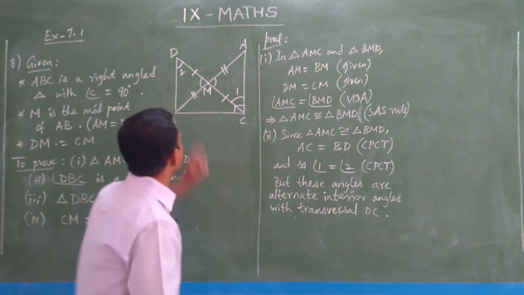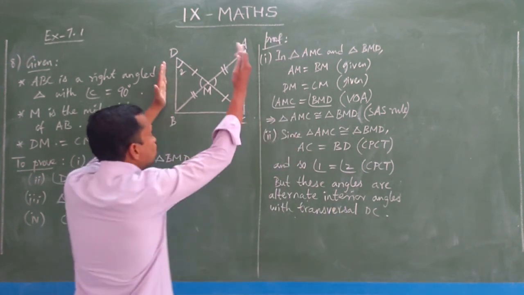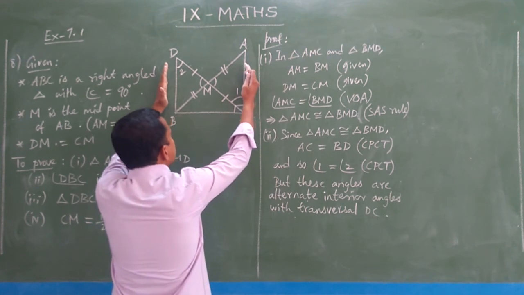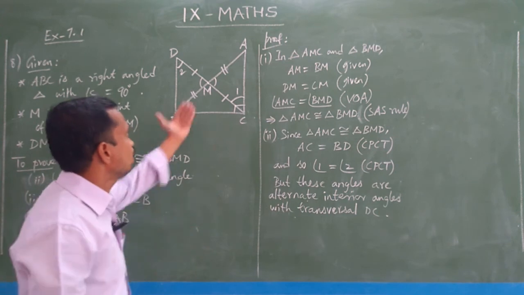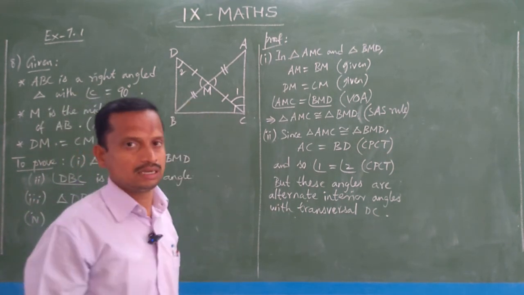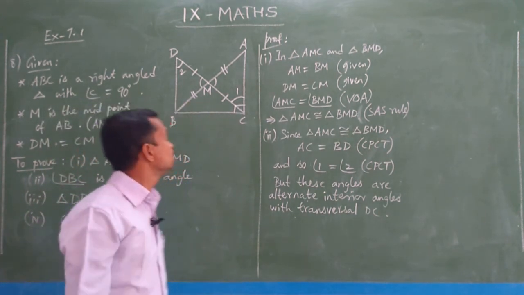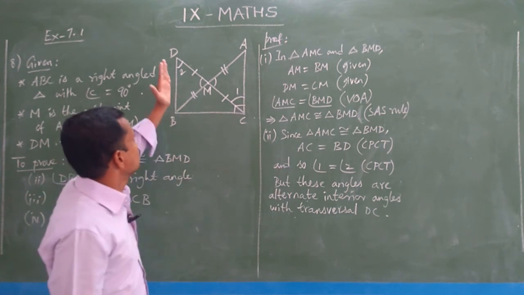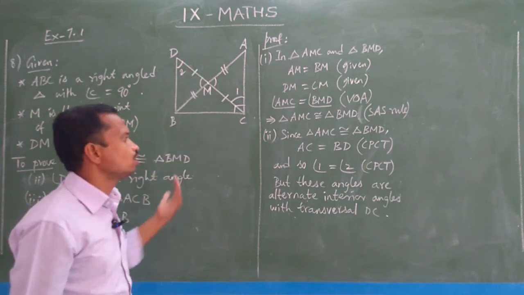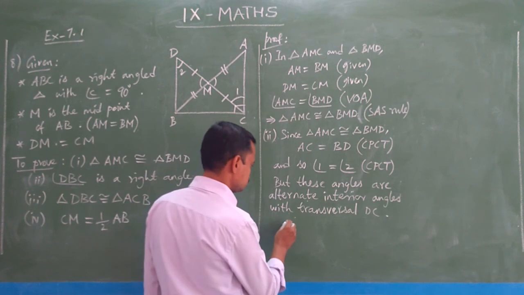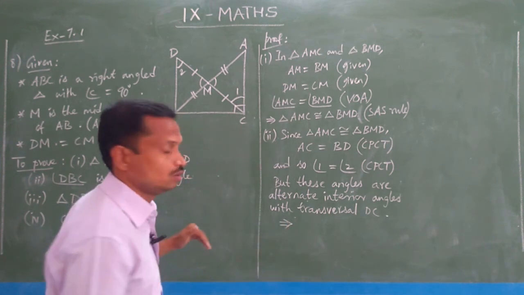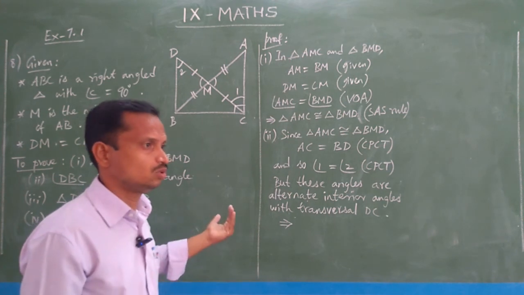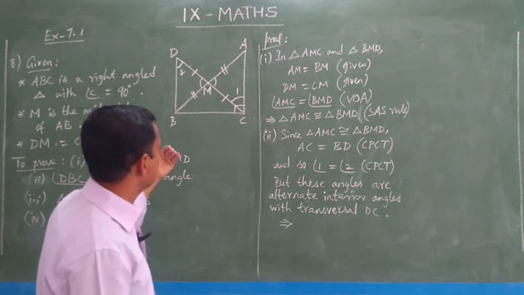If DC is the transversal and these are any two lines, angle 2 and angle 1 are equal, which means they are alternate interior angles. So we can say AC and BD are equal. Already we have told equal, but now I am trying to say they are parallel.